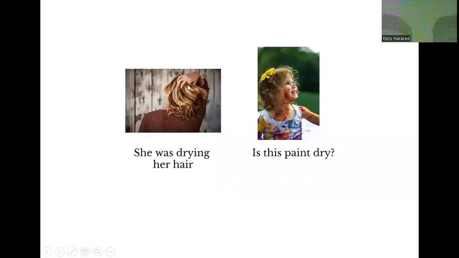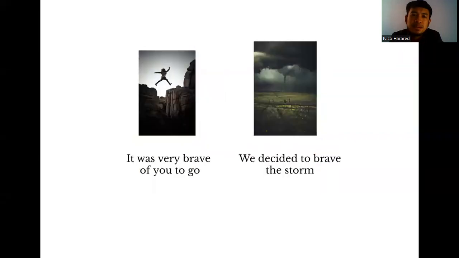She was drying her hair. Is this pen dry? Dry. What kind of part of speech is it here? And what about this? Is this pen dry? What kind of part of speech? What about another one?